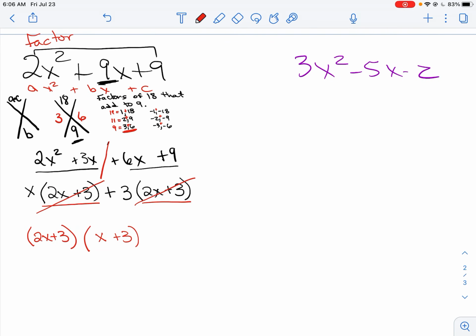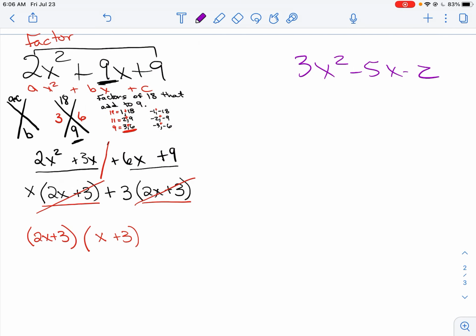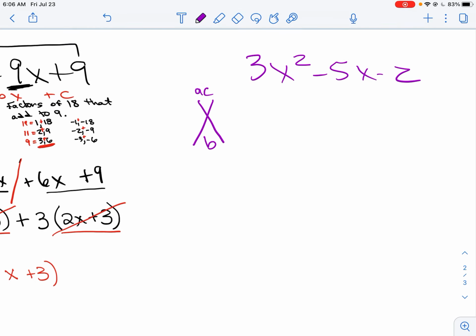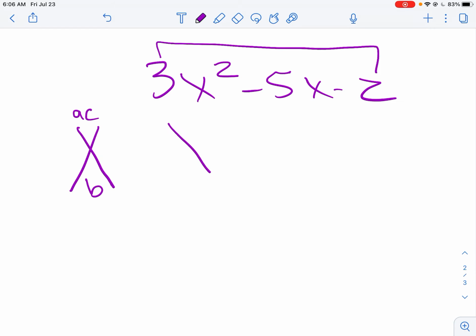Okay, so we're going to do the exact same thing that we did just now. Again, I need AC here, and I need B. So I'm going to take the first and the last, and I'm going to multiply those together and get -6.